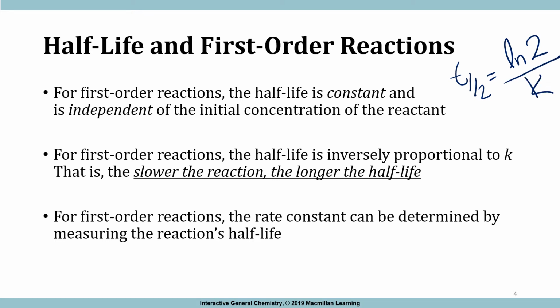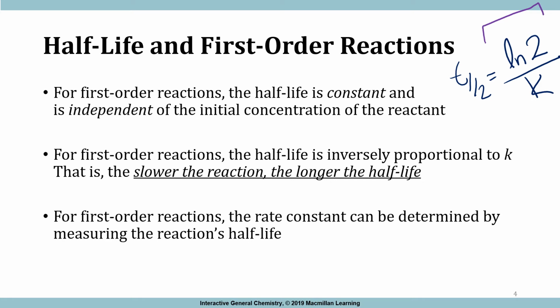So for that first order reaction, the half-life is constant and is independent of the initial concentration of the reactant. What we mean by that is if you look in this equation, nowhere in that equation is the initial concentration of the reactant. So that means that it is not going to affect your half-life, just your rate constant.